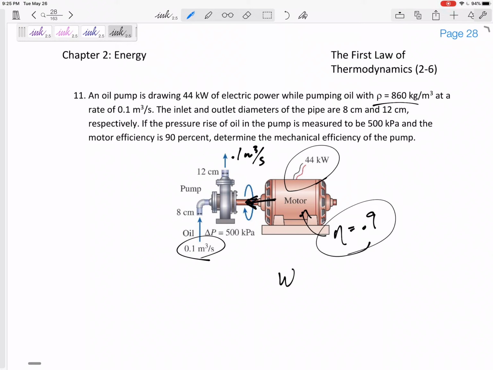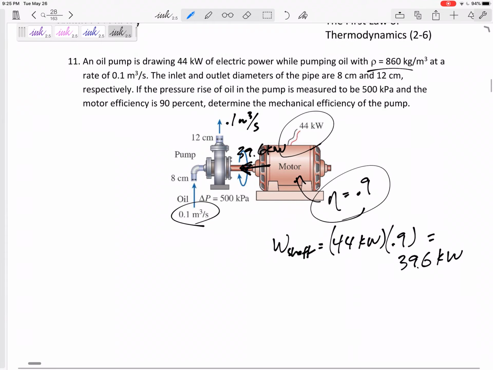The shaft work that's actually getting out of the 90% efficient motor would be 44 kilowatts times 0.9, which is 39.6 kilowatts. Okay, so we'll only have 39.6 kilowatts now going out of the motor, which is the work into our pump. We're probably going to need to know that if we want the mechanical efficiency.